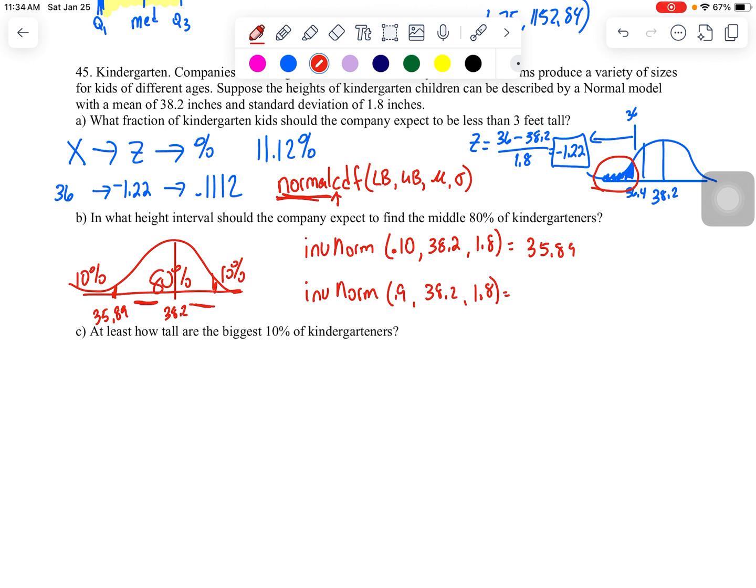Sorry, I completely botched that on my phone. I don't know what I'm thinking. Okay, meaning I went down 2.31, so if I go up 2.31, the other side of this is going to be 40.51.